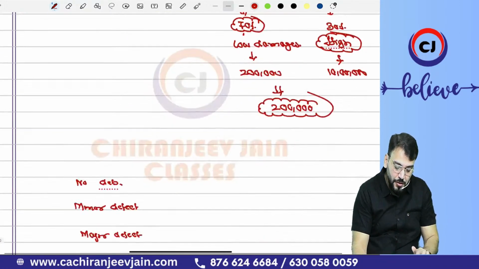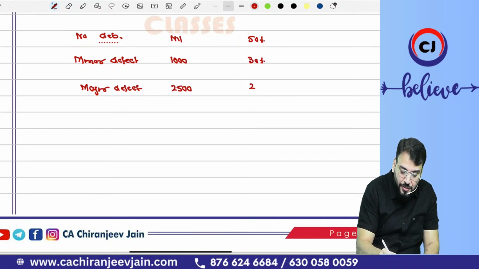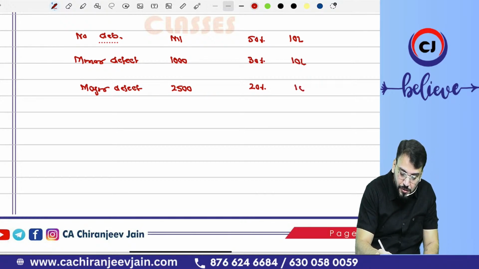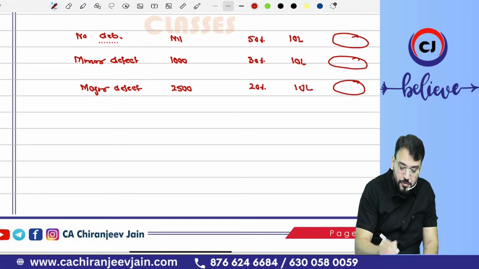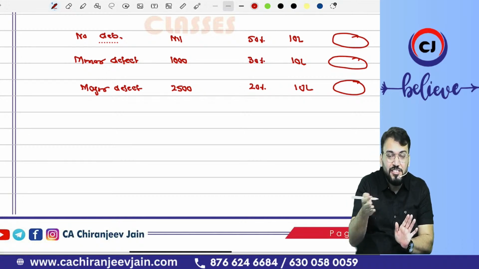Outflow was how much? It was nil, 1000, 2500. Then probability I have given 50%, 30% and 20%. Multiply by 10 lakh, 10 lakh, 10 lakh. This only we have done now. So how to calculate the adjusted risk adjustment?